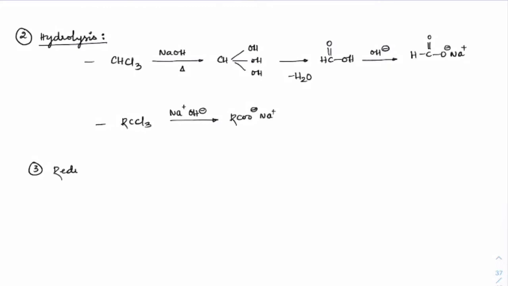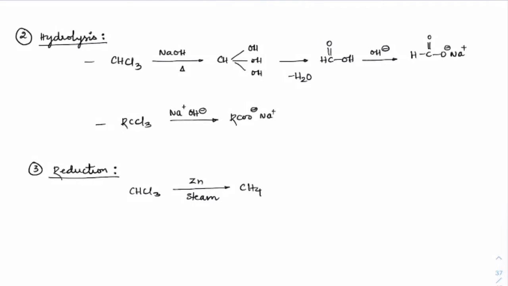Next reaction of chloroform which we can check out is the reduction reaction. When chloroform is treated with zinc and steam, it would produce methane.